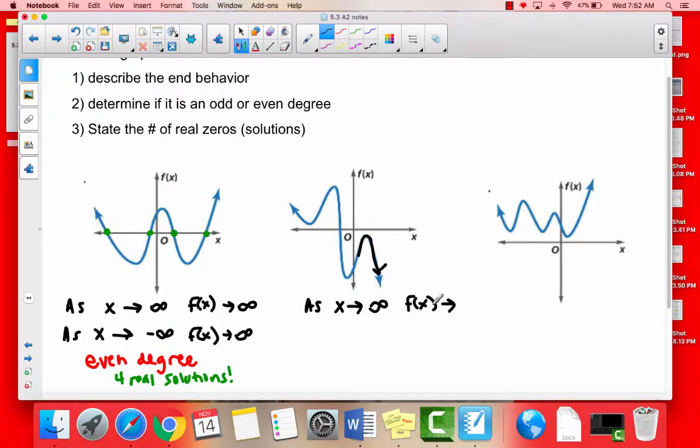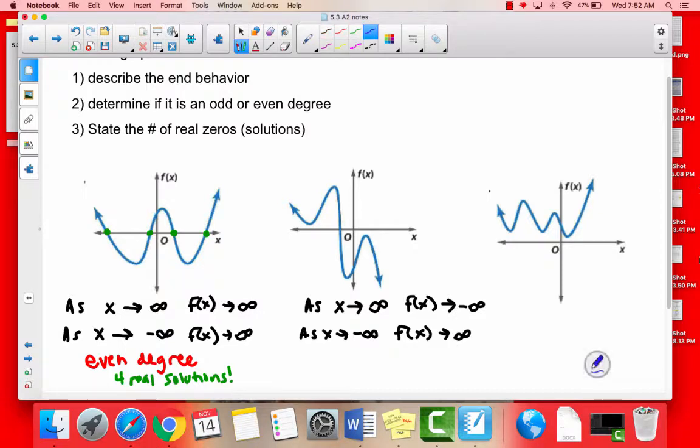My graph goes down, so my y is going to go to negative infinity forever. And then what happens as I go to the left side of my graph? As the x's go to negative infinity, as I follow it, what happens? Well, it's going to start pointing up. So my f of x, my y, will go to positive infinity.